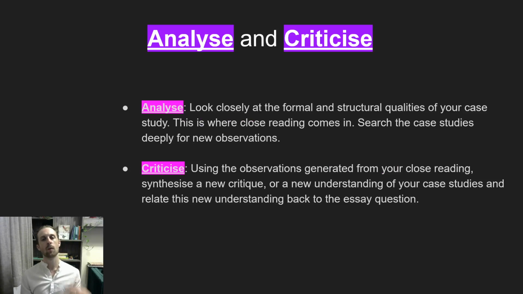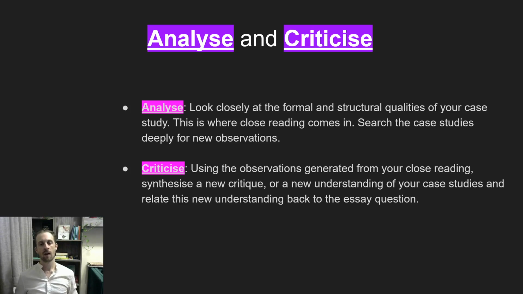Okay, so when we analyze and criticize, it's sort of like a 2-step process. To analyze something is when you look closely at the formal and structural qualities of the case study. This is where a close reading exercise might be done. Close reading can be done on any text, and a text doesn't have to be written. A text can be an artwork, it can be a film, and so on.